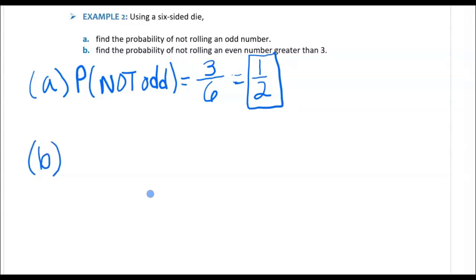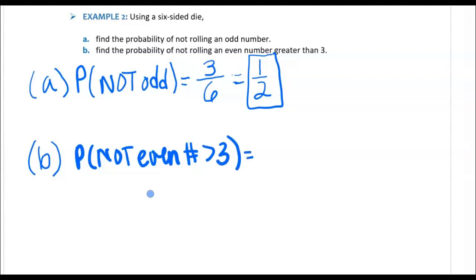B. The probability of not rolling an even number greater than 3. So the probability of not rolling an even number greater than 3 could be found using number 2 from our blue box. So there are 2 numbers that are even numbers greater than 3. They are 4 and 6.